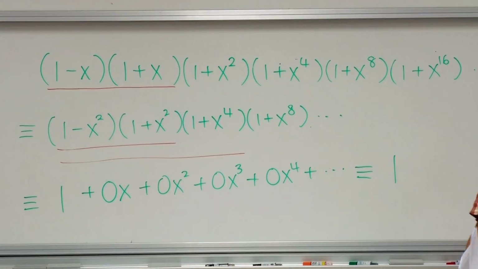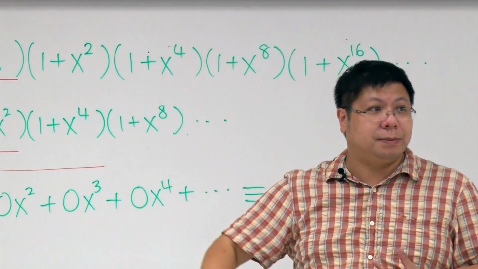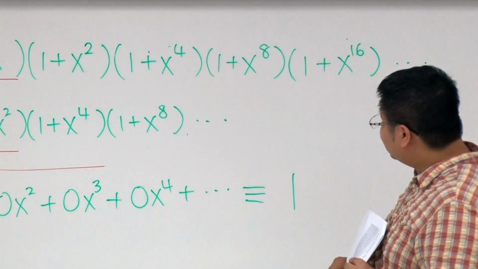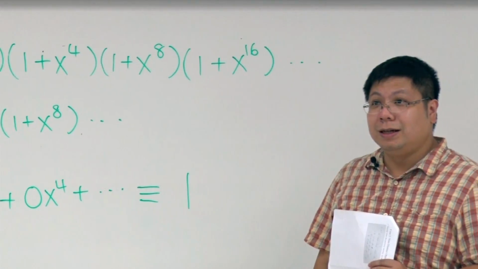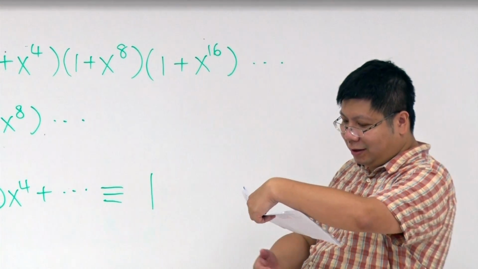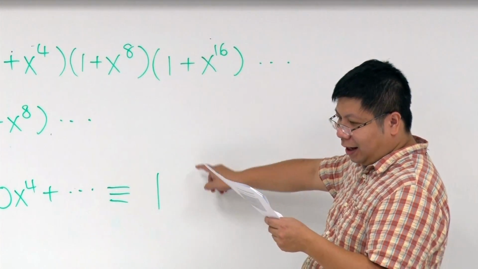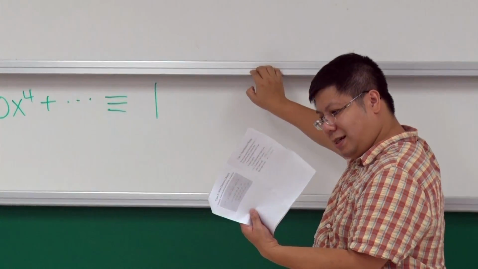And if I multiply one more term, then more terms will become 0. So this is the observation that we need. So this is going to be equal to 1. Now this is our main character here.